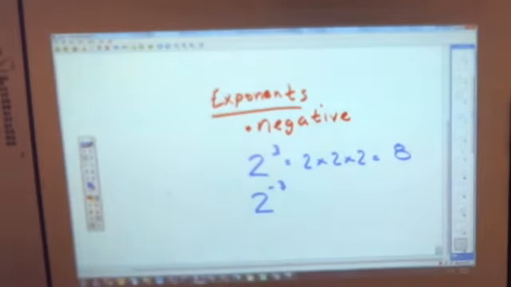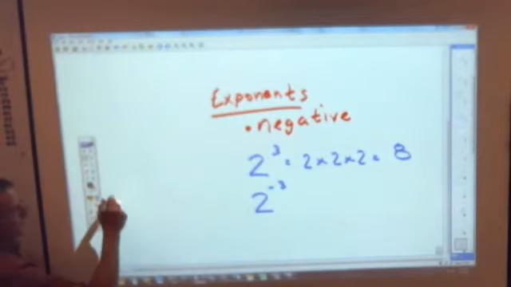Any speculations as to what the answer might be? I suppose the first thought somebody would say would be negative 8. All right, to which I'm going to give you the number one point of today's lesson that people usually make a mistake on. Write this down in completely understandable terms.